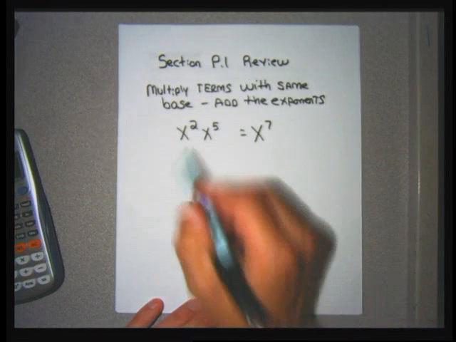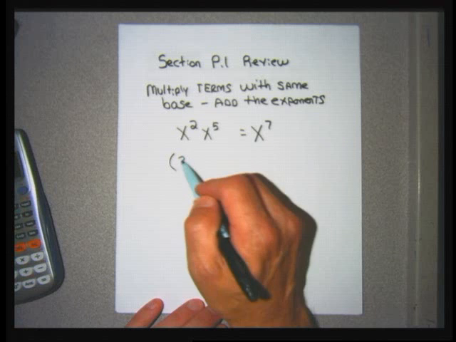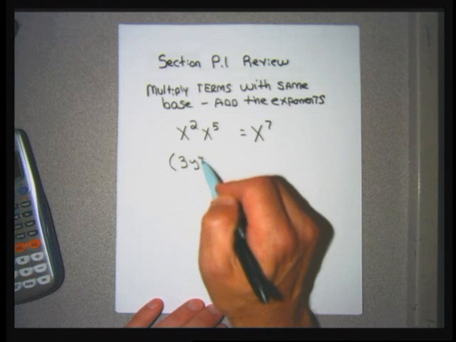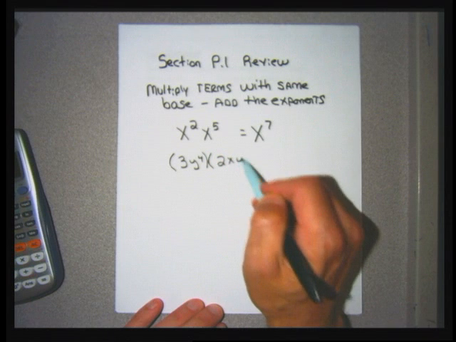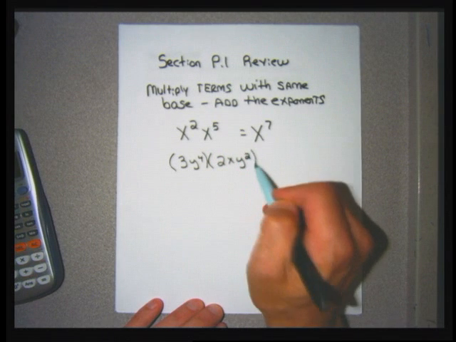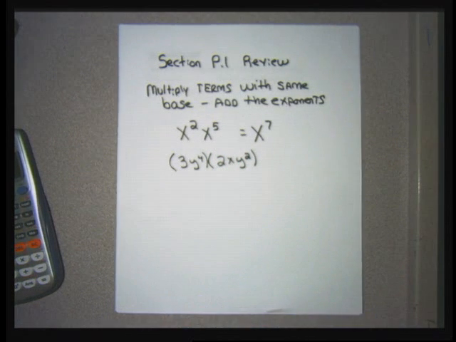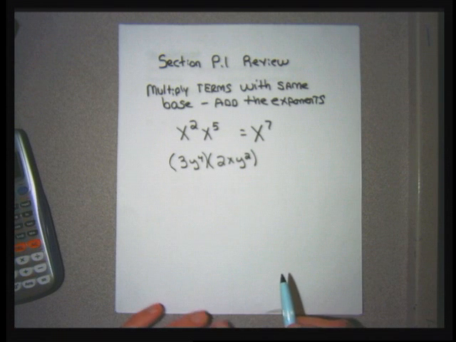And then we did more complicated problems, maybe something like 3y to the 4th times 2xy squared. In that kind of problem, it still fits this rule, because I'm going to multiply the y's, and multiplying the y's, I'm going to add their exponents.